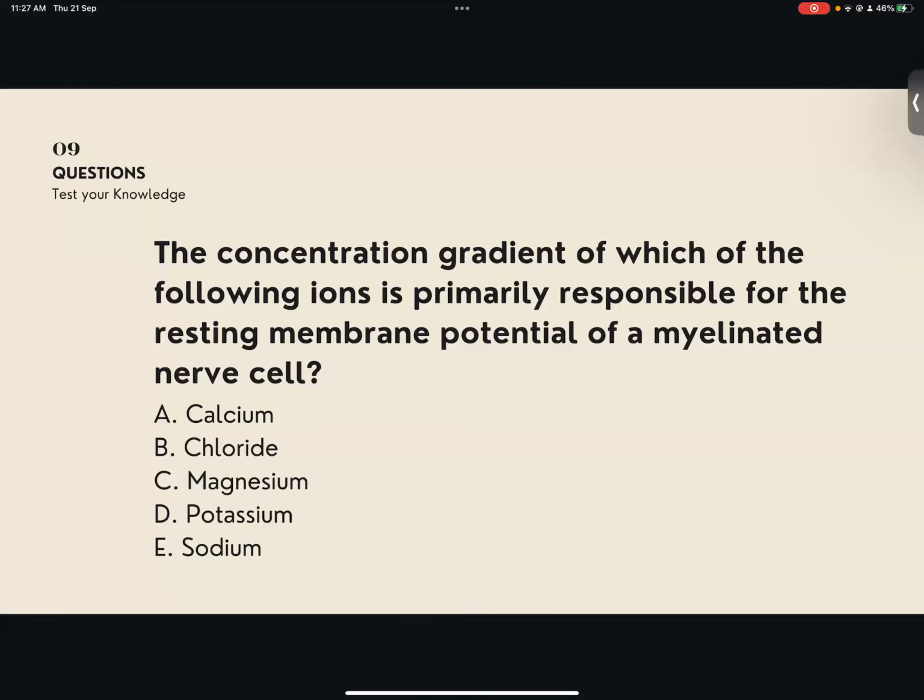When you have a membrane that's very permeable to an ion, that ion will have the greatest effect on the resting membrane potential, or it will be primarily responsible for it. The answer is obviously potassium, D.